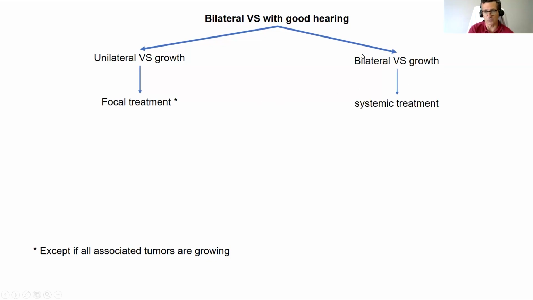When the two tumors are growing, I think there is no place for the focal treatment of one tumor. We should think immediately of a systemic treatment, a drug. But this is not the case when the tumor is growing only on one side, where a focal treatment, I think, is better. And focal treatment, what is it? It's surgery with hearing preservation or radiosurgery.